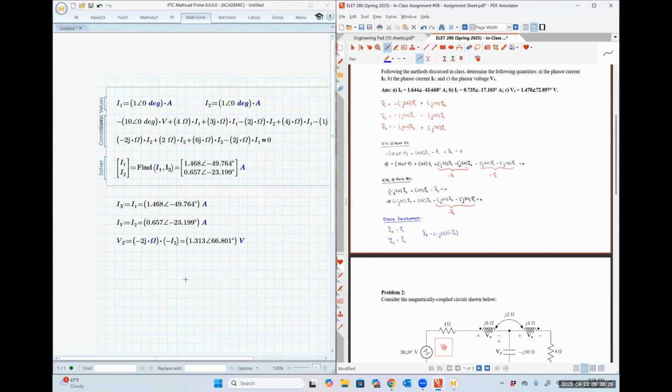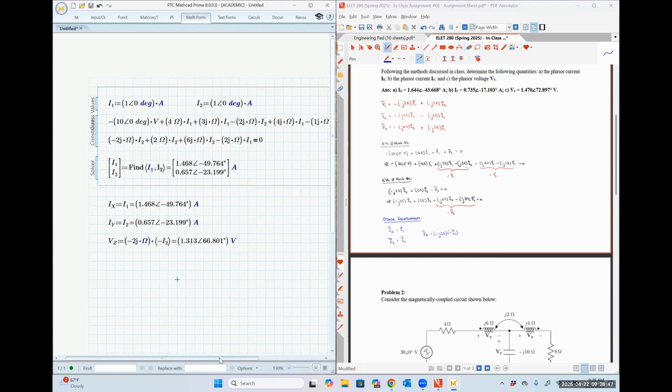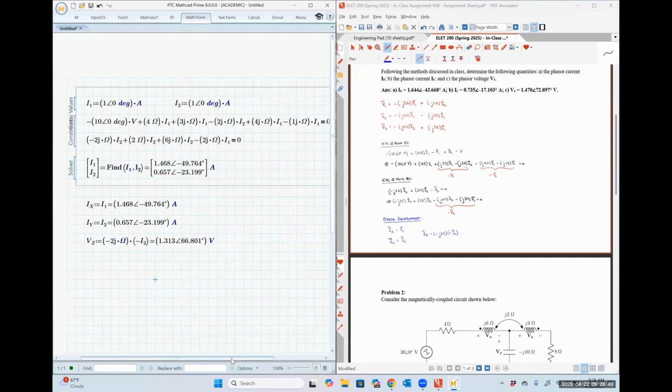So negative 10 angle 0 degrees volts, 4 ohms I1, J3 ohms I1, minus J2 I2, J4 ohms I1, minus J1 times I1 is equal to 0, minus J2 times I2 plus 2 ohms I2, J6 I2.